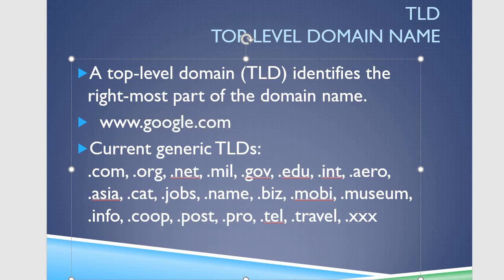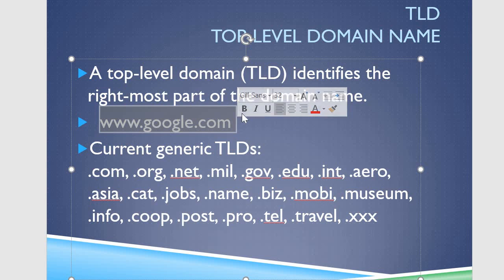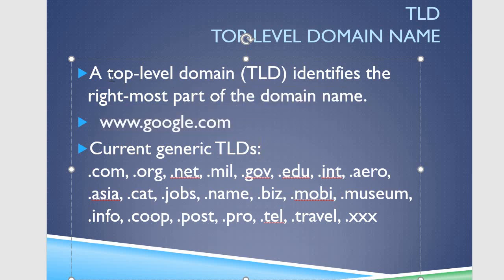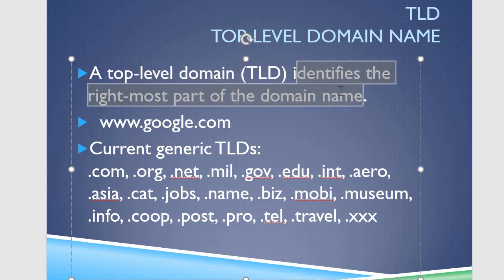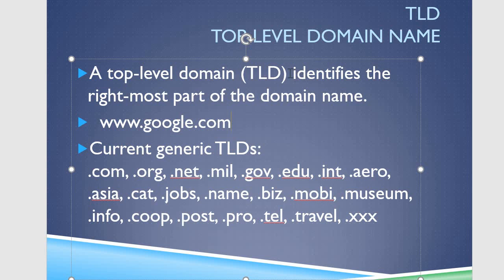See, one example is written here: www.google.com. Before that, you see here, top level domain identifies the rightmost part of the domain name. So the rightmost part of the domain name, that is the top level domain.